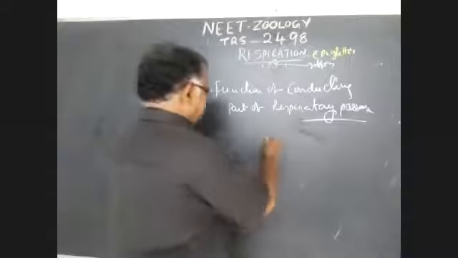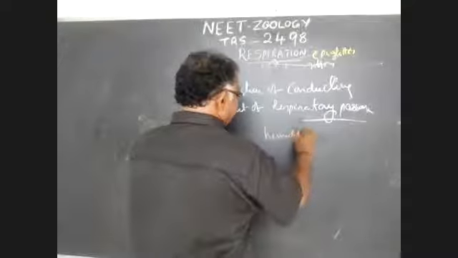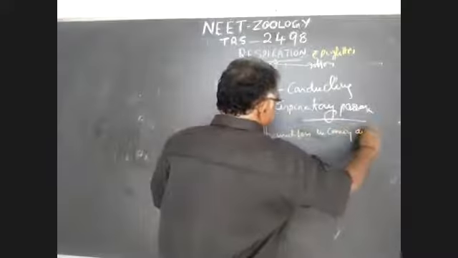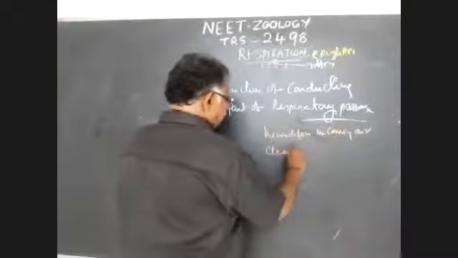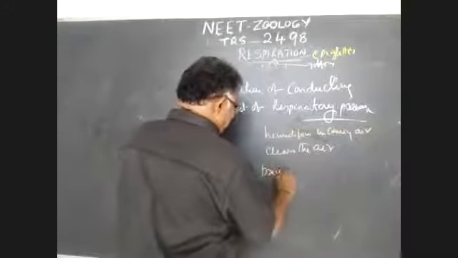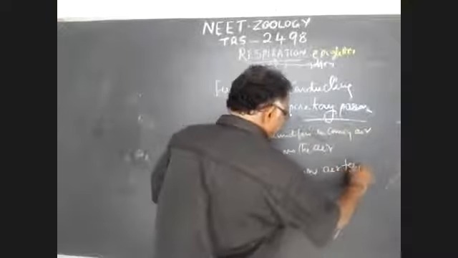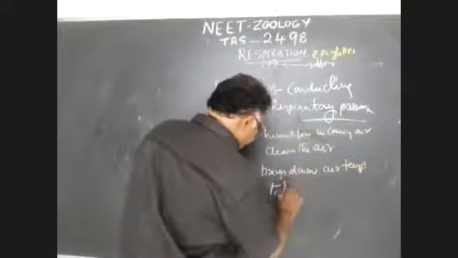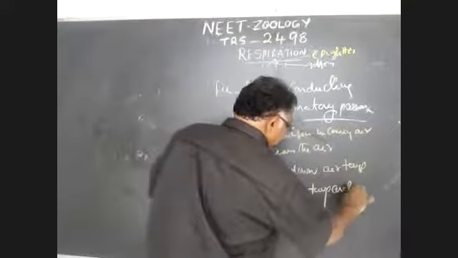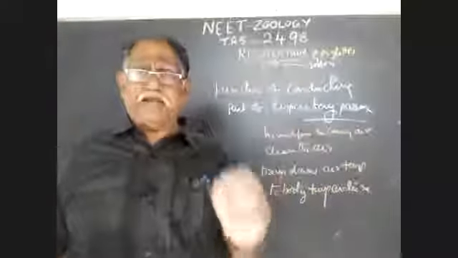One, it humidifies the incoming air, two, cleans the air, and three, brings down the air temperature to body temperature. These are the three important functions performed by the conducting part of the respiratory tract.